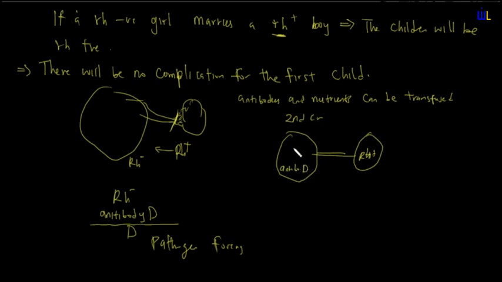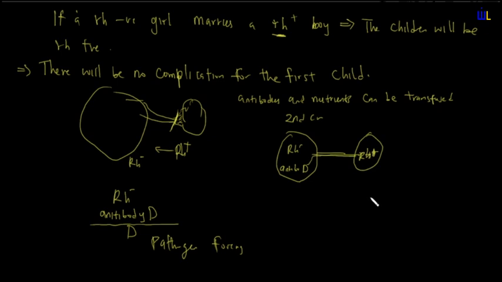Are we following? Good. Now that antibody would pass through the placenta and start entering the child's body. As it is entering the child's body, remember that the blood of the child is completely rhesus positive. This antibody will enter there and start killing all of them. Are you following? Sorry, are we good? As it starts killing all of them, eventually the child becomes asphyxiated and the child dies.